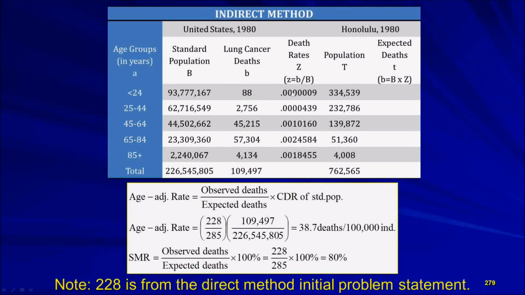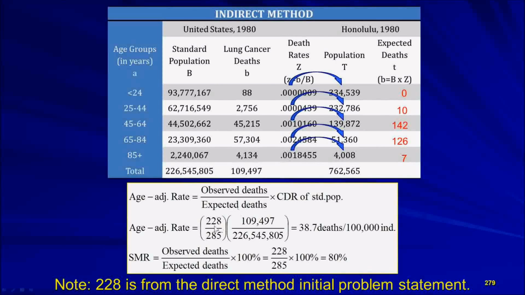Now we're going to take these values. We divided these two to come up with all of these. And what's the next step? It's no different than what you did before for coming up with an expected value, right? So we ask, what are the observed deaths from the problem?